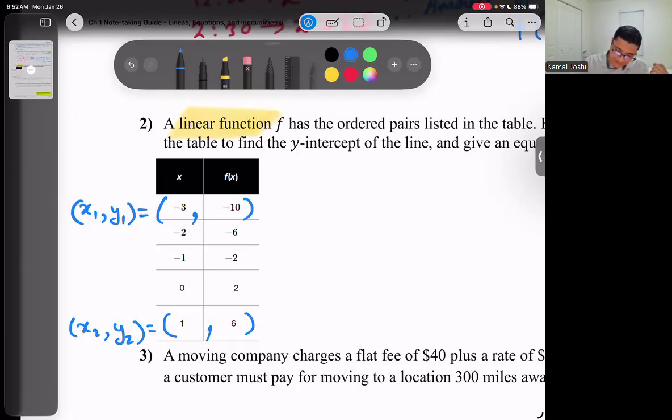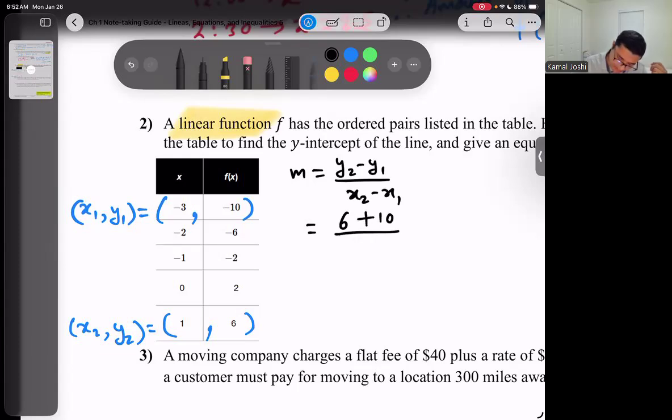Okay. Then, according to the formula, my m, the slope, will be y2 minus y1 divided by x2 minus x1. And that is, my y2 is 6, y1 is -10, so plus 10, divided by x2 is 1 minus x1 is -3.